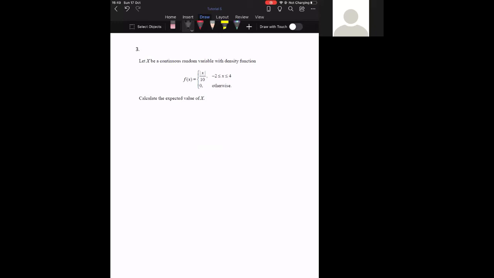Okay, so let X be a continuous random variable with density function f(x) equals the absolute value of x divided by 10, and the random variable takes this value for x between -2 and 4.